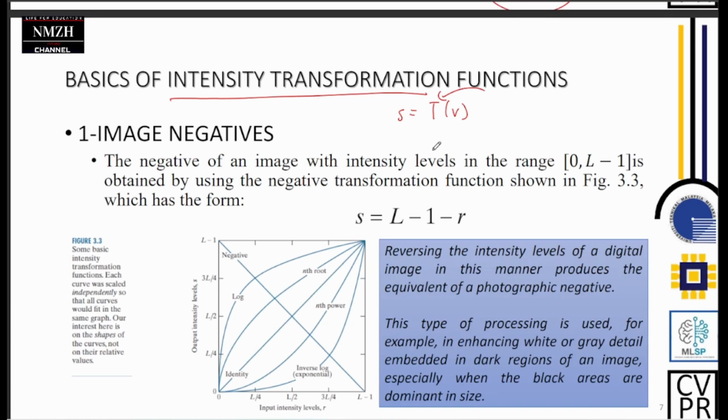The image negative is a situation we can relate to the previous generation, where we had Kodak. The moment we pressed the button of the camera, the picture would be stored in a kind of film, right? A black one.